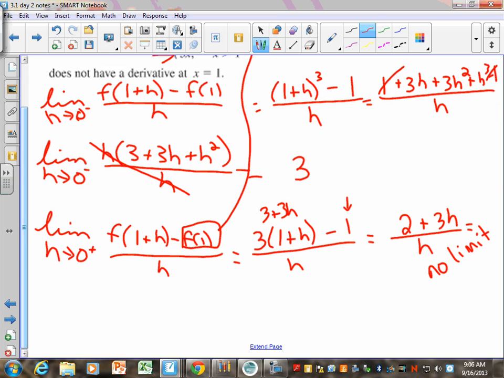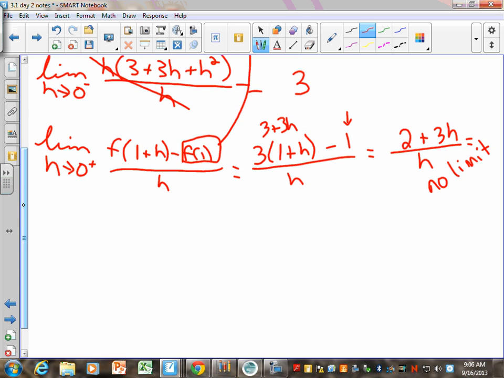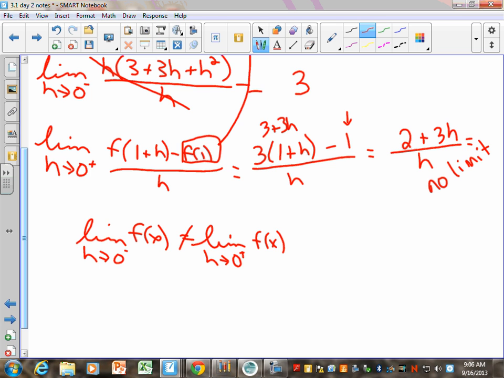So I do this work, and then I would say the limit as h approaches 0 from the left of this function does not equal the limit as h approaches 0 from the right of that function. So no derivative exists at x equals 1. Or you could say the left and right hand derivatives don't exist. I just didn't want to write all that out, so I just wrote the limit part.